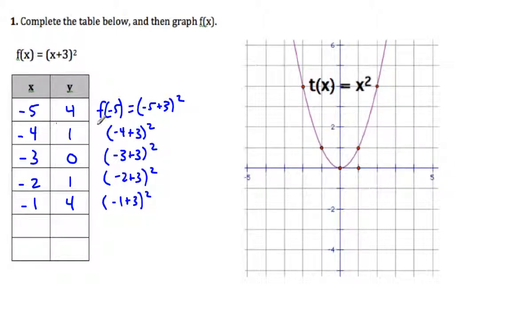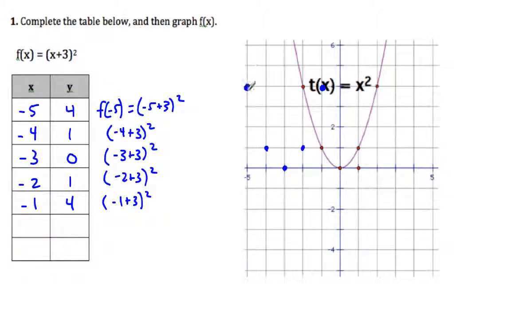Let's plot these points and see what happened. -5, 4. -4, 1. -3, 0. -2, 1. And -1, 4.